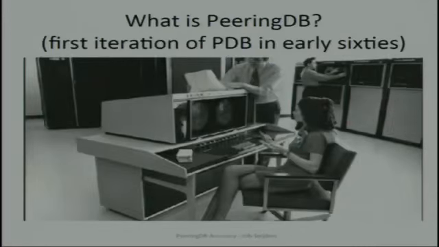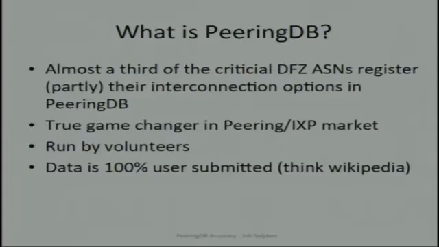Originally, PeeringDB was conceived by the Illuminati to crack down on big transit and give the little man a chance of finding each other and set up peering. This eventually evolved into a website based on PHP, and on that website, a third of what you could call critical ASNs has registered some kind of information regarding their network.